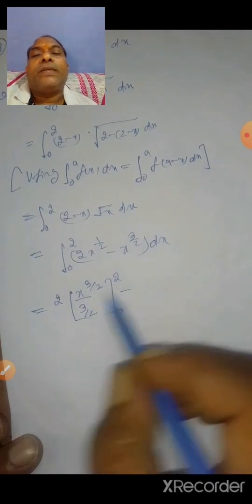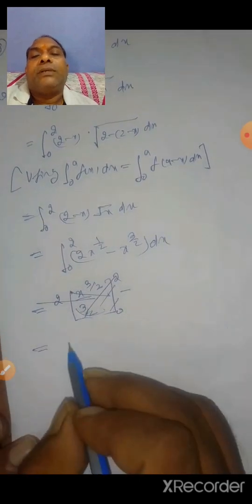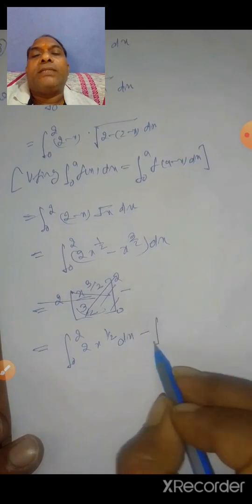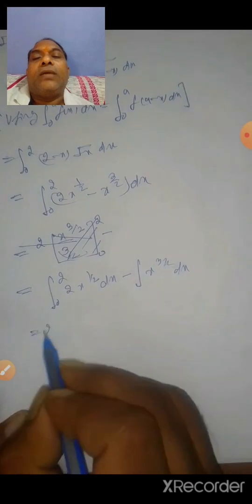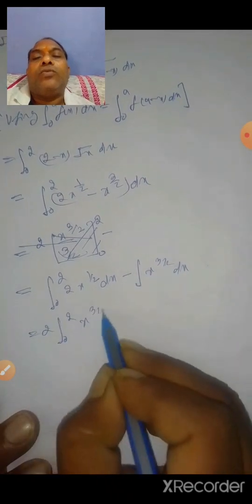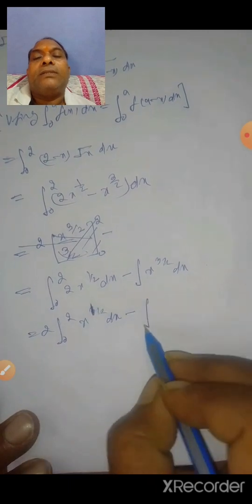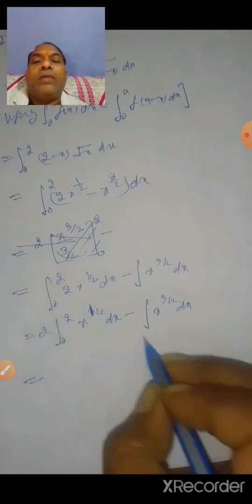Integration of x to the power 3 by 2 will be, now see again, integration 0 to 2, 2x to the power half dx, x to the power 3 by 2 dx. Now taking out common 2, then 0 to 2 x to the power 1 by 2 dx minus x to the power 3 by 2 dx. Clear? Now integrate it.